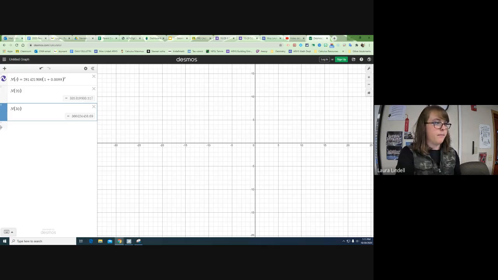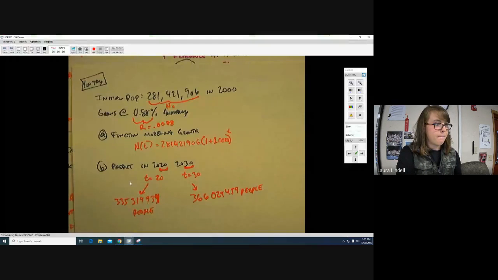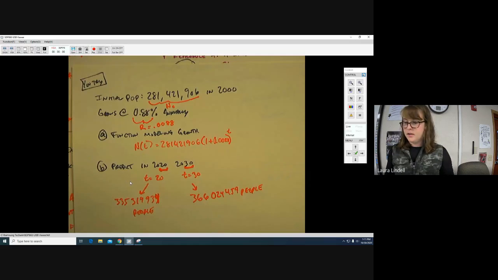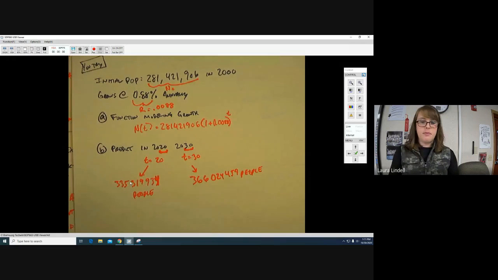Okay, so that's one type of problem that we could see. The other type is going to be more of a financial problem. So we'll do number 4 as well. It's going to be compounded monthly is what it said.